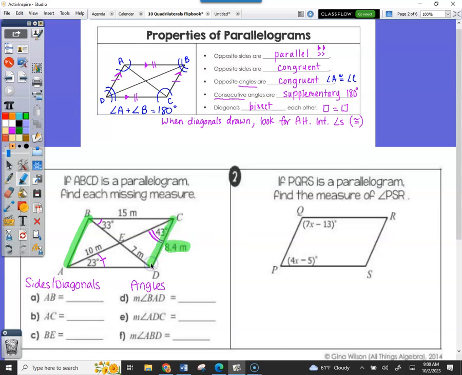Notice that CD measures what? Yeah, it measures the same thing, because it says opposite sides are congruent. So AB is 8.4. Now it says find A to C.